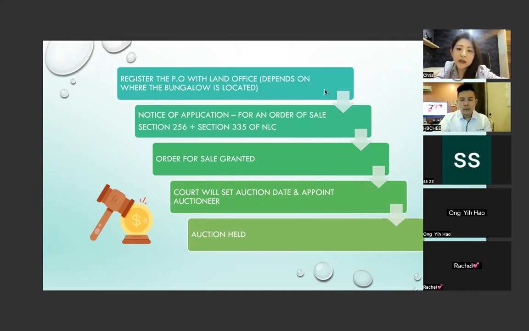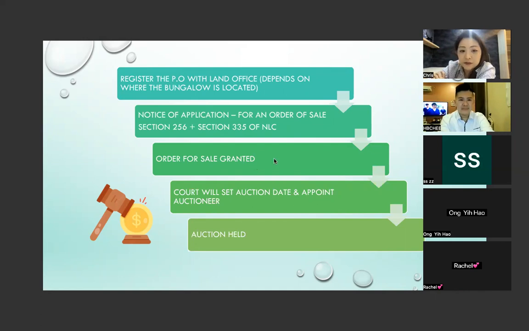After you have registered the PO with the land office, you have to file another notice of application for an order of sale. This is governed under National Land Code, Section 256 and also Section 335. When you file the application for an order for sale, they will fix another hearing date to hear your application.